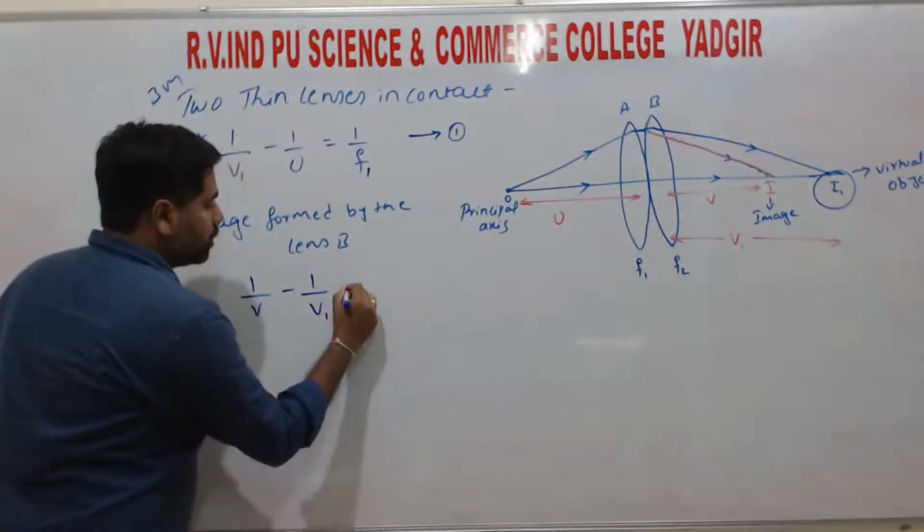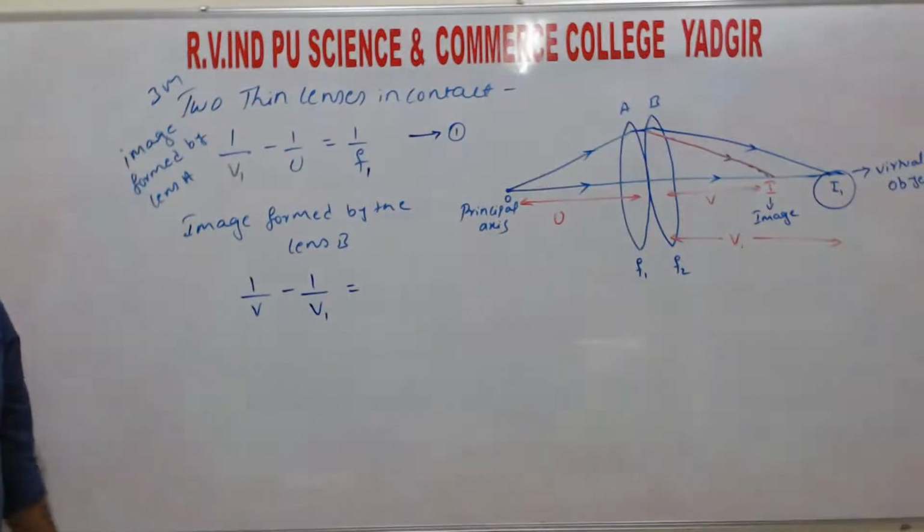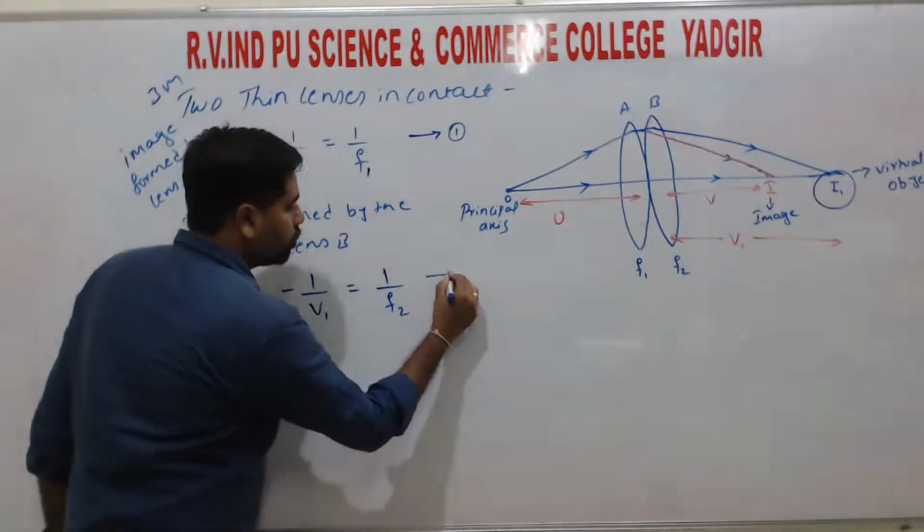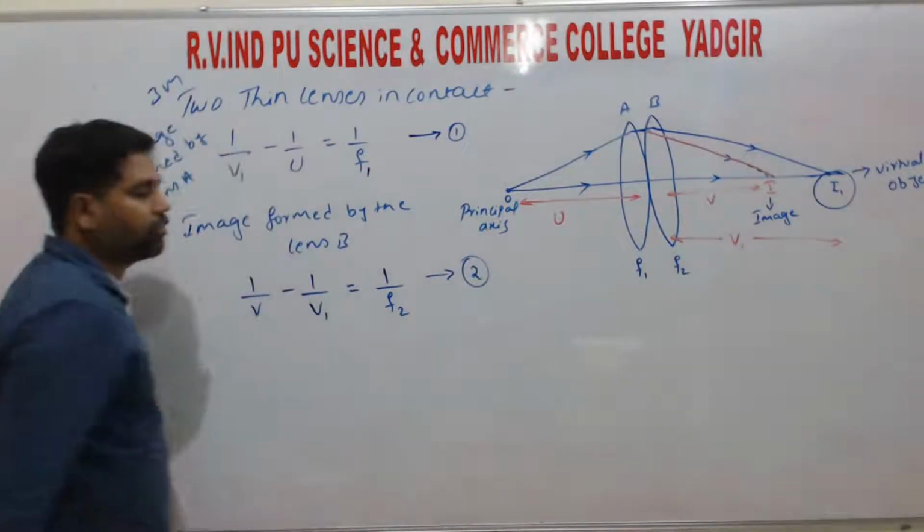So 1 by v minus 1 by v1 is equal to 1 by f2. We call this the second equation.